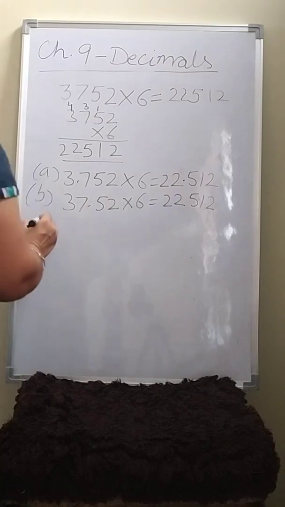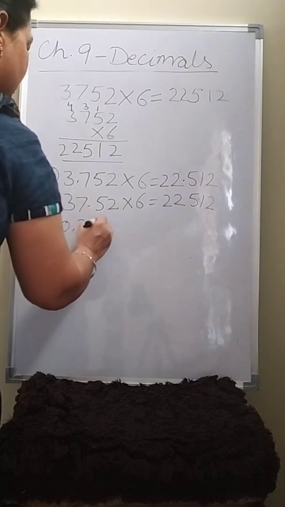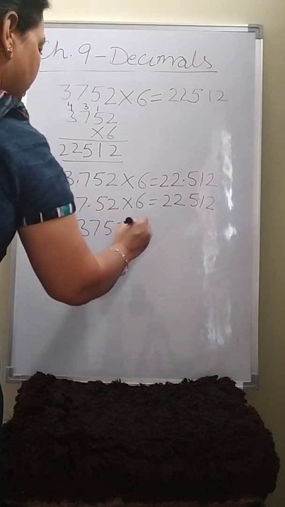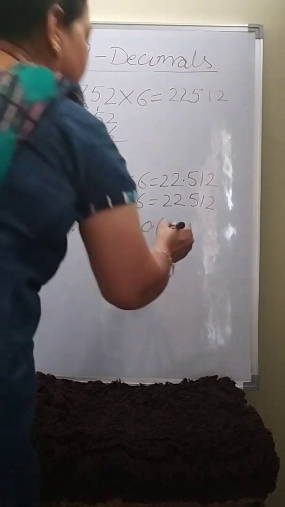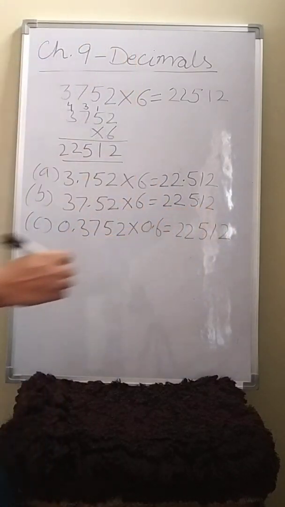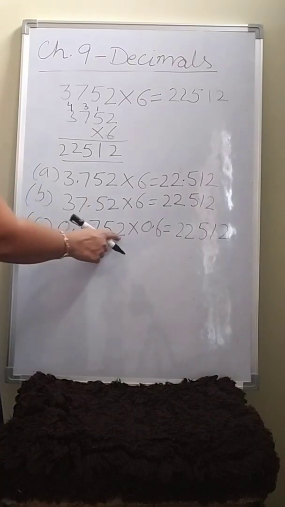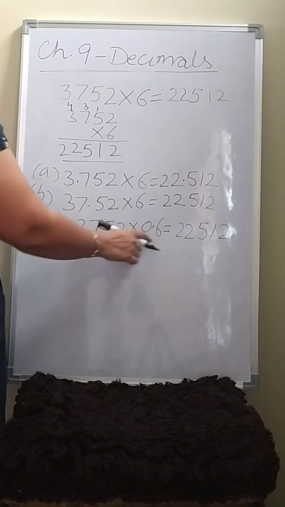Okay. Suppose the number is 0.3752 times 0.6. The answer is the same: 22512. Count the number of places of decimal. Here the decimal is before 4 digits. Here before 1 digit. 4 plus 1 is 5.